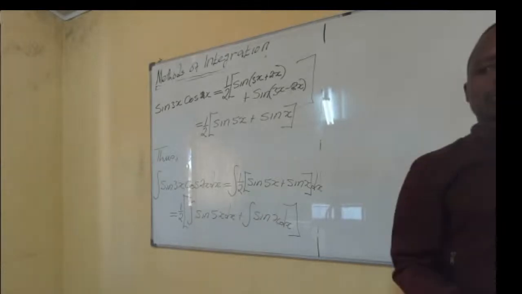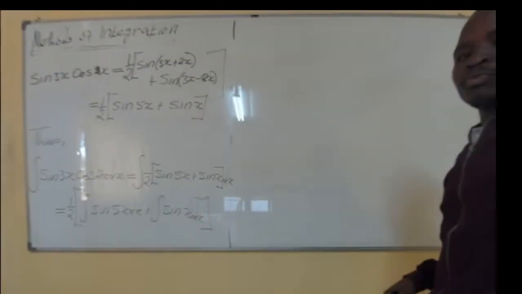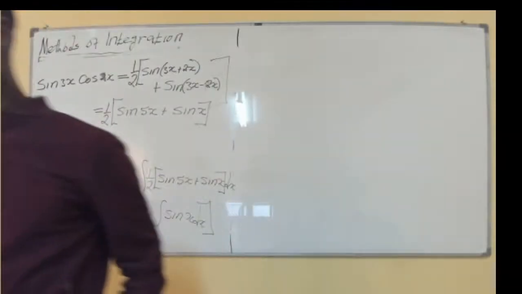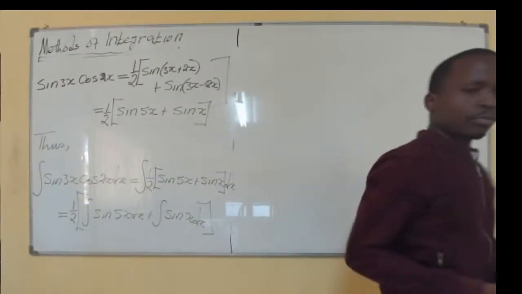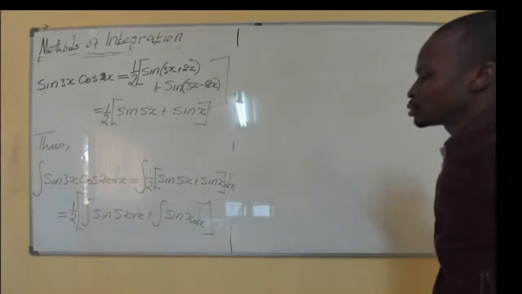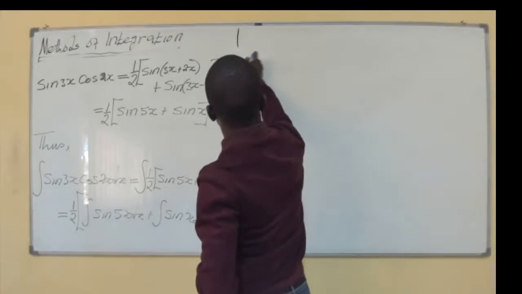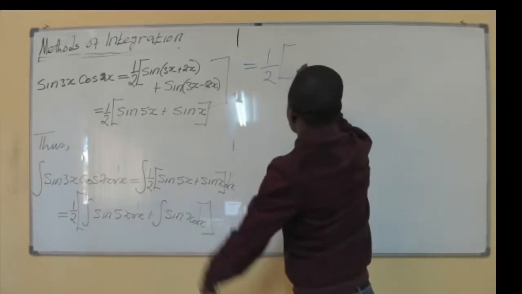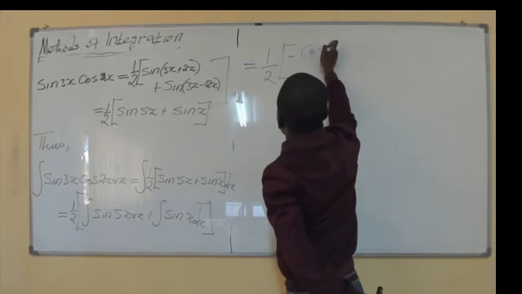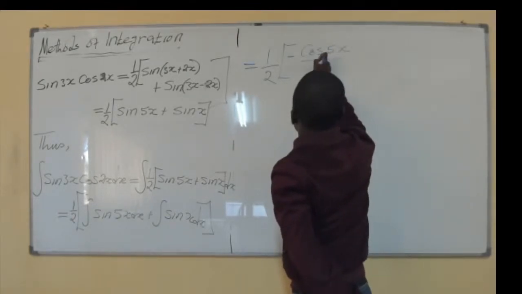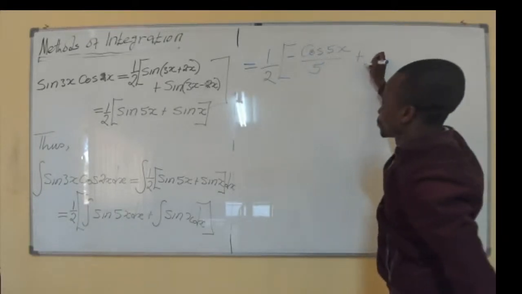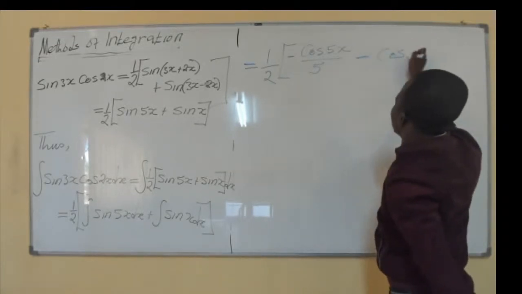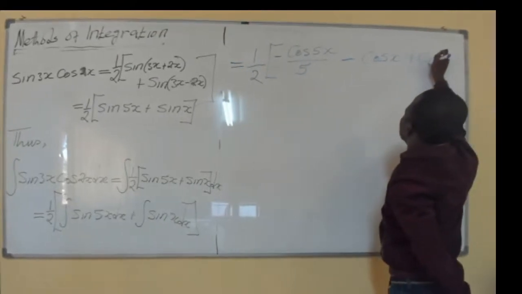We continue. So this is equal to 1 over 2 times the integral of sine 5x, which is the negative of cosine 5x over 5, plus the integral of sine x, the negative, which will give us a minus cosine x, plus c1.